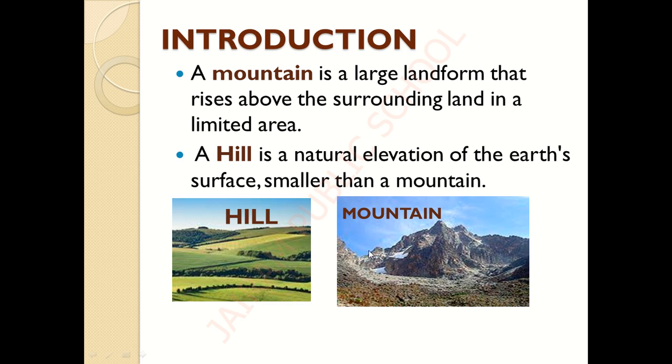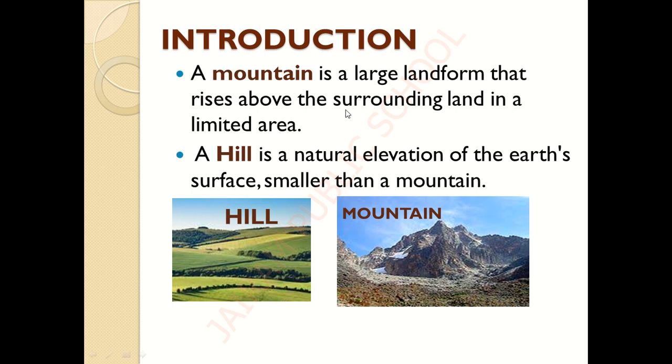A mountain can be defined as a large landform that rises above the surrounding land in a limited area. You cannot notice a mountain in and around your home, isn't it? We can't see a mountain wherever we go. Only in a particular region can you see a mountain, isn't it?